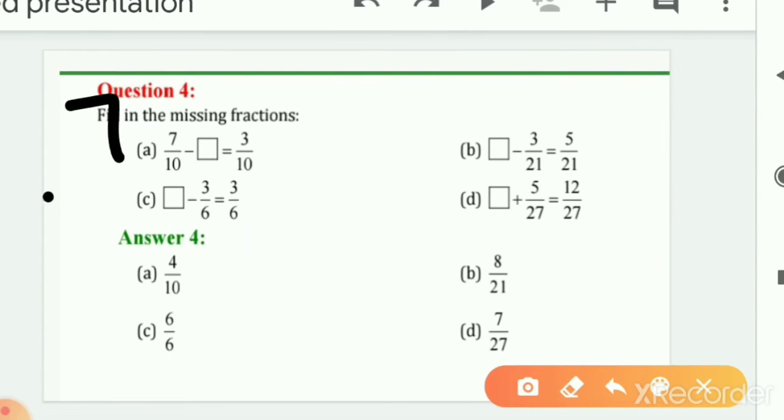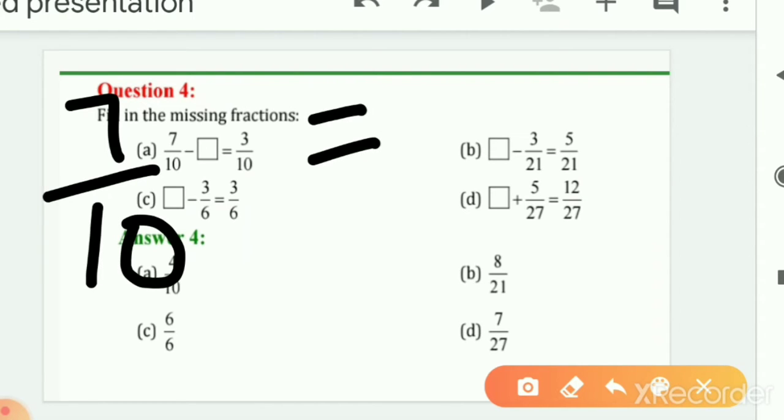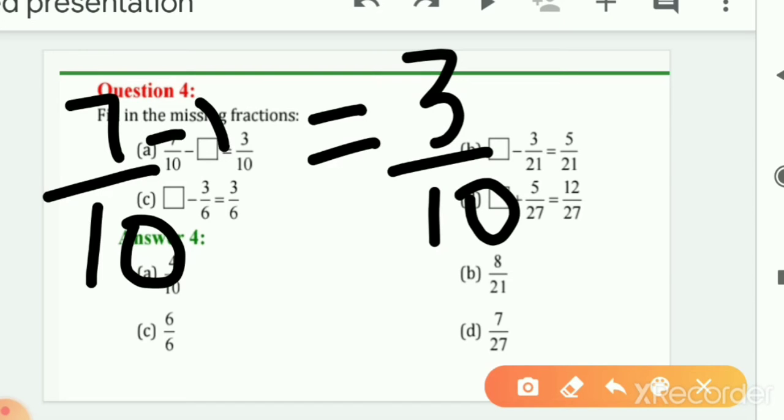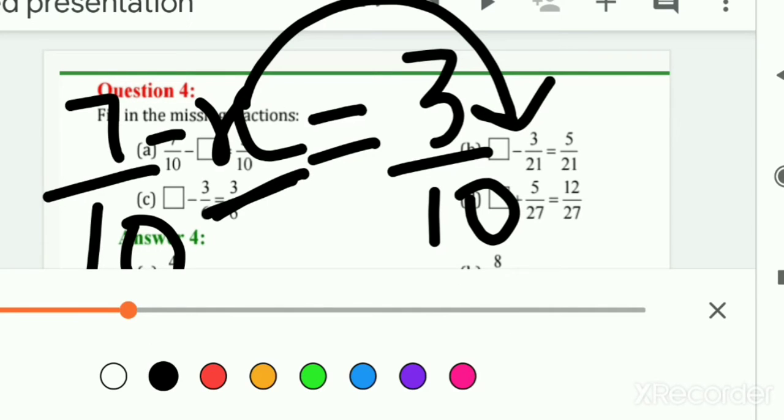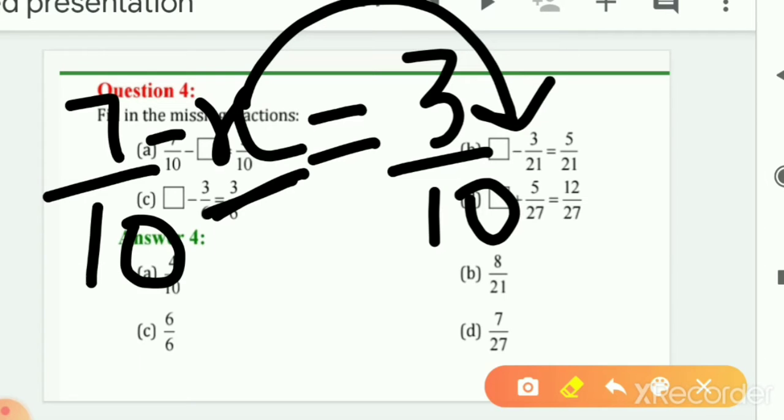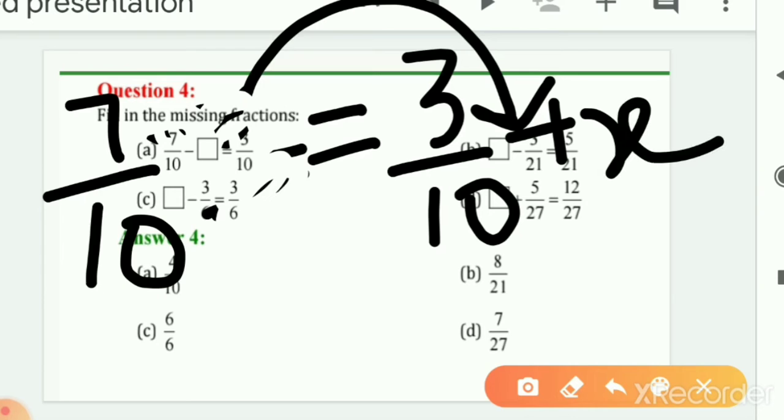So we have 7 upon 10 minus x equals 3 by 10. If minus x is there, where will this minus x go? It has a minus sign, so on the other side it will be in plus sign. So our next step: minus x will now become plus x, because we have changed its position.